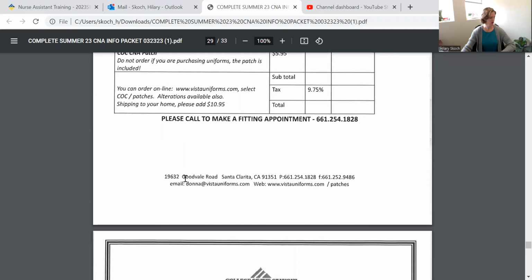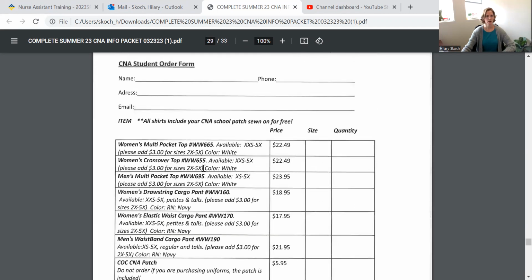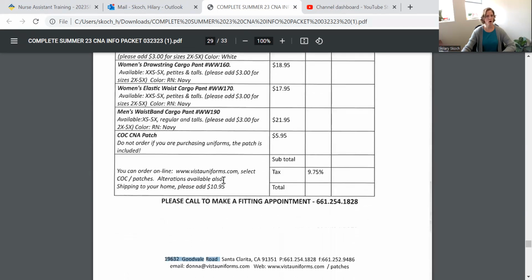The woman's name is Donna. You do make an appointment by calling her phone number directly. You can go to her residence and try on the uniform. If you do choose to use Vista uniforms, Donna will sew on your patch for free.